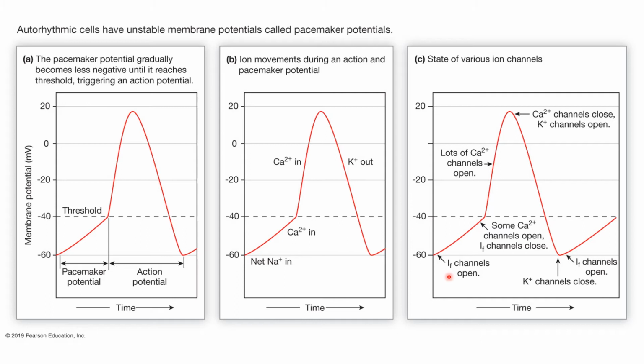Now, sodium is positively charged. So if you have a bunch of sodium ions entering into the cell, what's going to happen? The cell is going to become more positive. But some are going to say, well, potassium is also positive and potassium is leaving the cell. The thing is, those funny channels are going to allow more sodium to enter into the cell versus potassium leaving the cell.